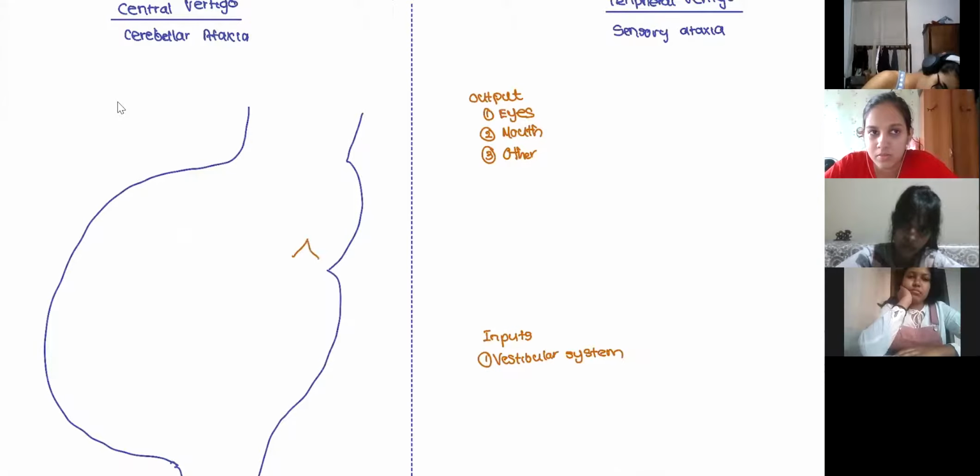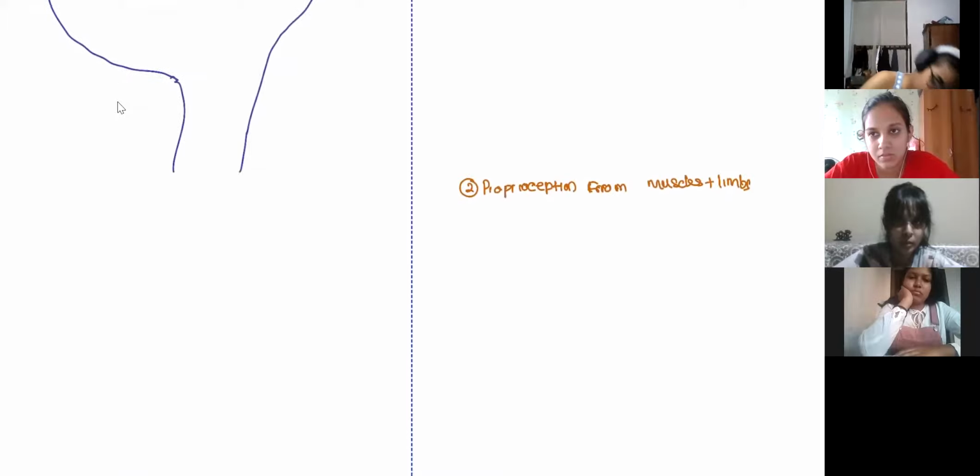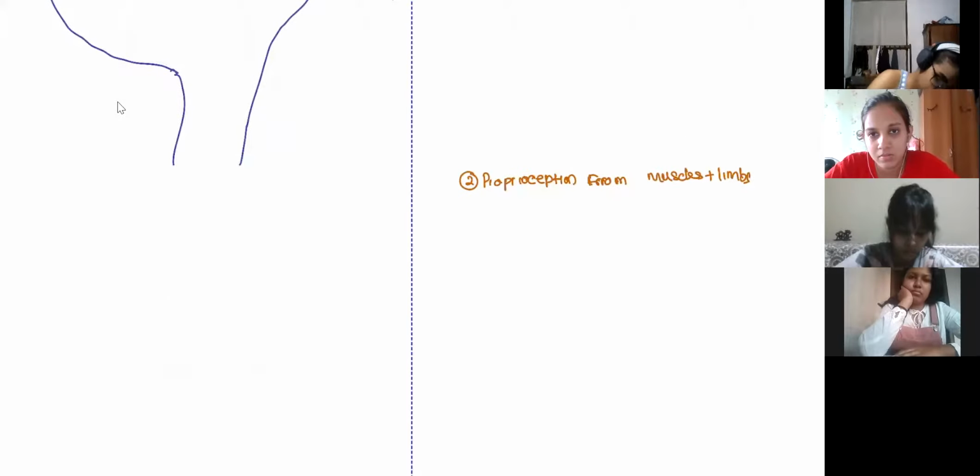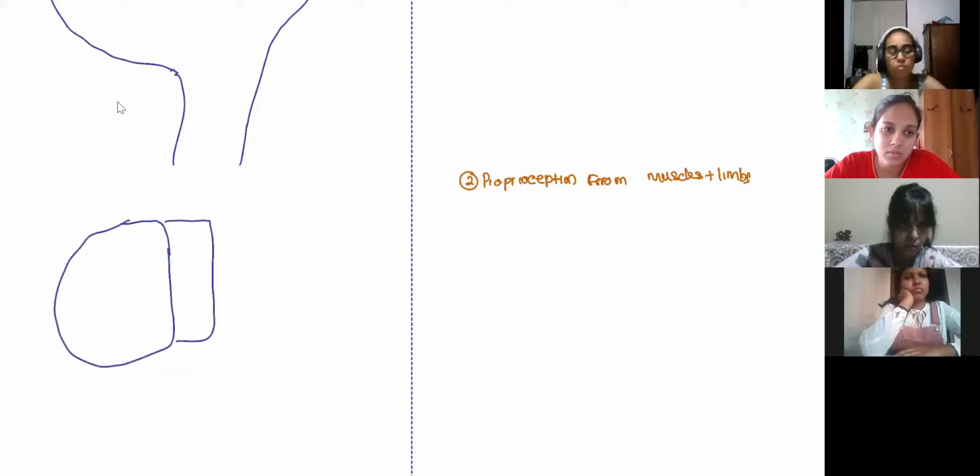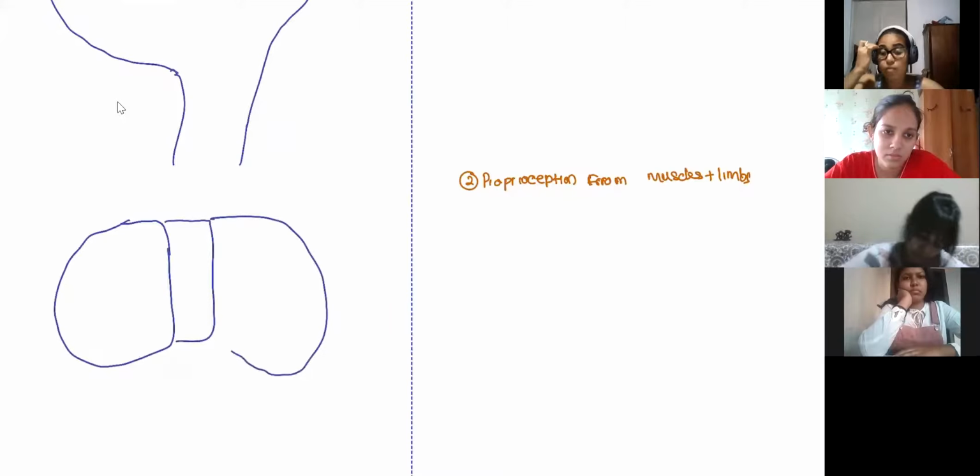If there is damage to the vestibular nucleus of the brainstem, it can lead to the same. You guys understand that? And like I said before, this is the region of damage. This is the most important part for you guys to understand.